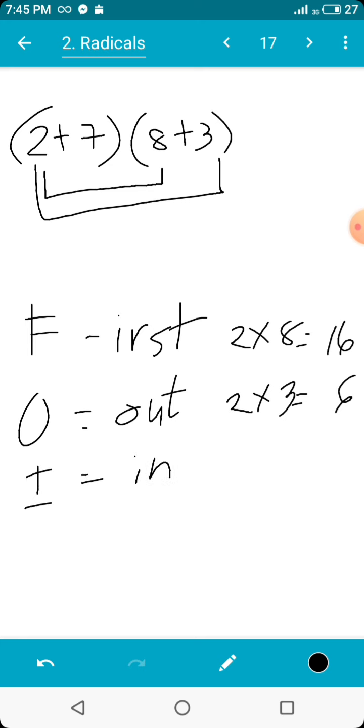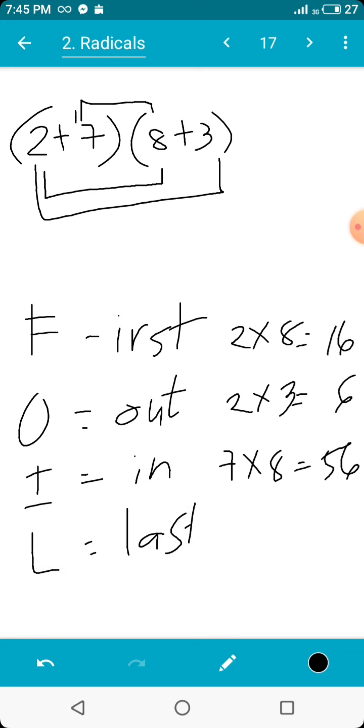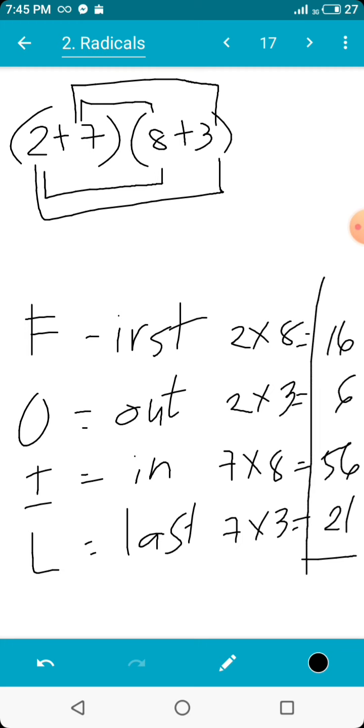So, ito yung 7 times 8. And that is 56. And then, we have the L, which is last. So, multiply natin yung 7 at saka 3. And that is 21. So, ibig sabihin, pag pinag-add mo to, ang kalalabasan lang din yan ay 99.